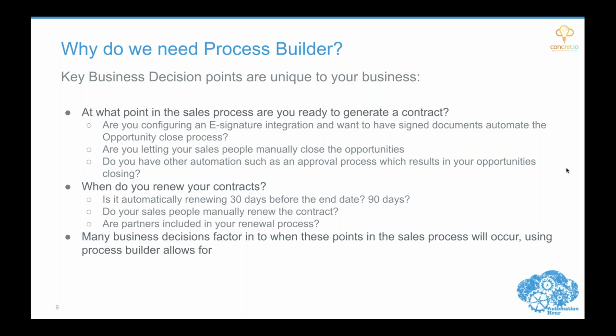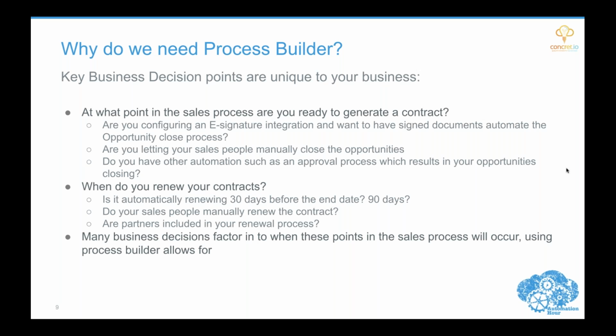Another good example of this would be, when do you renew your contracts? Sometimes people automatically renew a contract 30 days before the end date, 90 days before the end date. You could have your contracts renew automatically on the end date. Everybody has a different process.